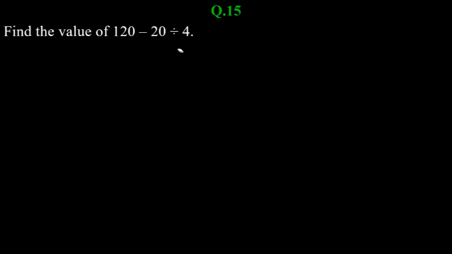Samarth correct. Now, write it 120 minus 20 by 4 means 120 minus 5, 115. Akanksha calculation mistake, 120 minus 5 will be 115 and 20 by 4 will be 5, not 4.